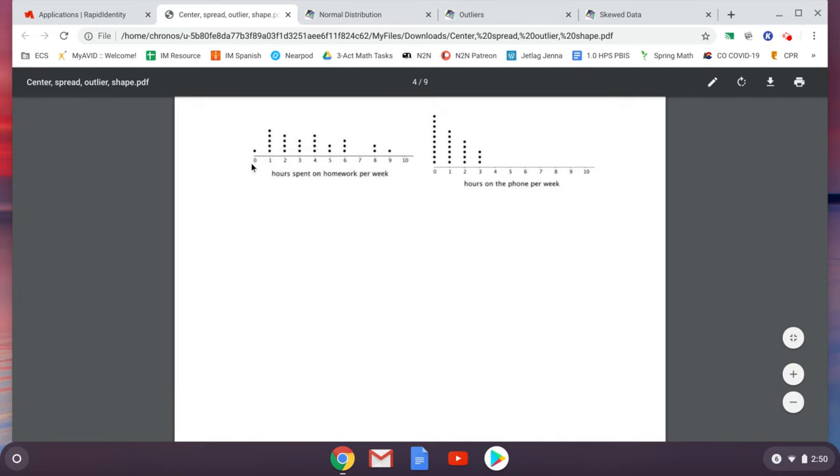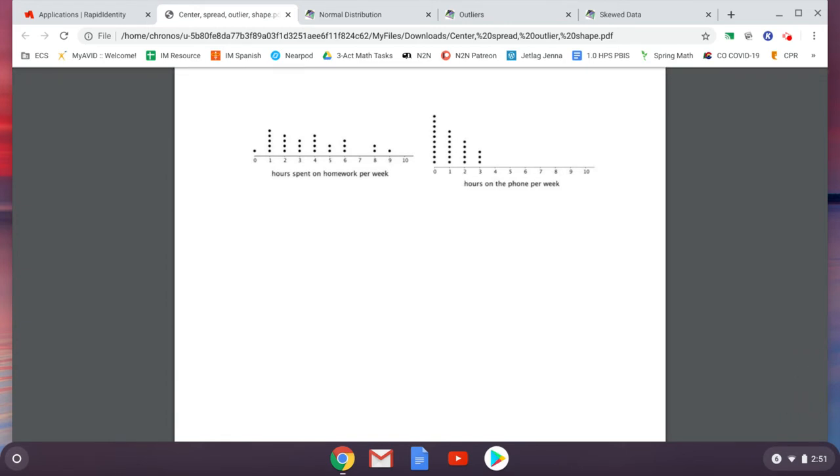They go all the way from 0 all the way up to 9. But when we're looking at the hours on the phone per week, we only have a spread of 0, 1, 2, and 3. So the data in this data plot is much closer together, and it's a pretty small spread.